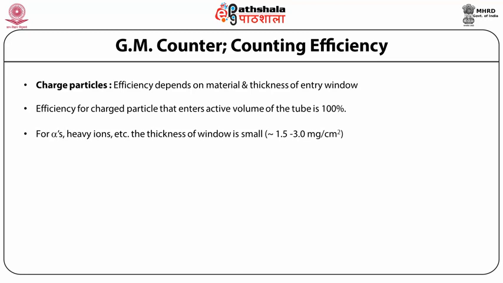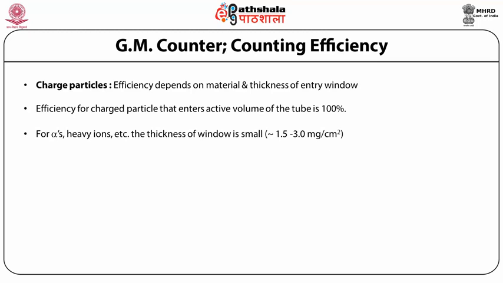So the first condition is that a charged particle can be detected and counted using a GM tube only when it has sufficient energy to enter the window. This ability of the charged particle depends upon the material and thickness of the entry window. For example, we know that alpha particles are heavy charged particles. They lose their energy very fast.